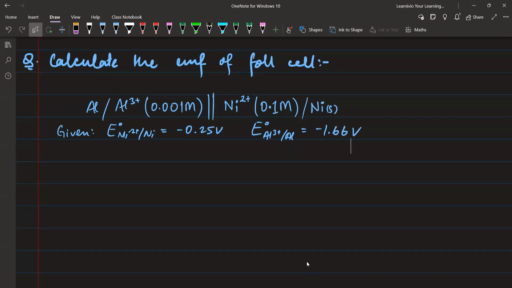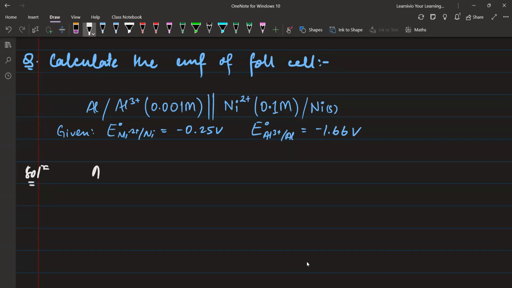So I'm getting the equation as 1.41 minus 0.0591 by 2 into minus 7. ये देखते हैं. First of all, you must have written the equation.